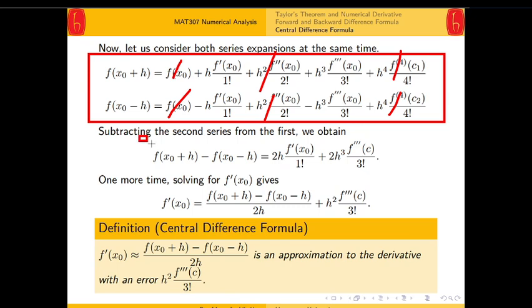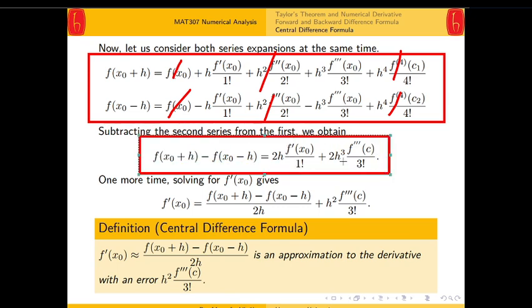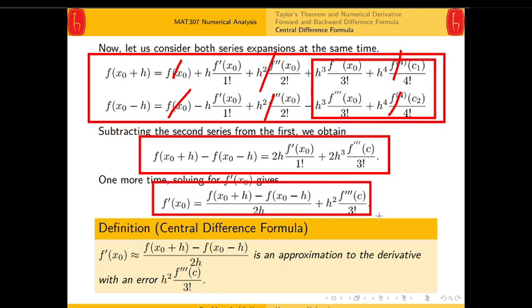Once we do that, we obtain this formulation, and if we truncate it after the third term, so one, two, three, the fourth term will be our error. The value of this fourth term at some point c will give us the error. Here, if we solve this equation for the first derivative of f at x naught, this will give us this formulation.